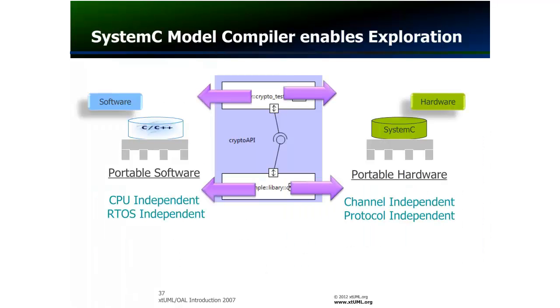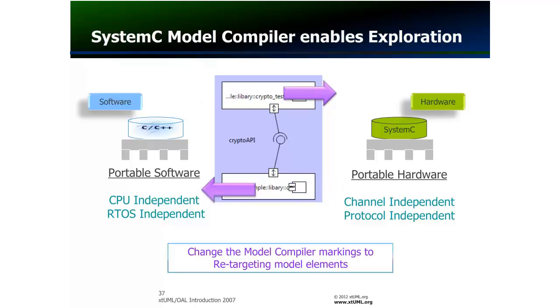A key advantage of describing the project's hardware and application software in this way is that when requirements change and new architectures are needed to be explored, it is the associated platform markings that must change, and not the xtUML model. This means that the model compilers can quickly create components to satisfy the new virtual platform configuration, and the project impact is minimized.